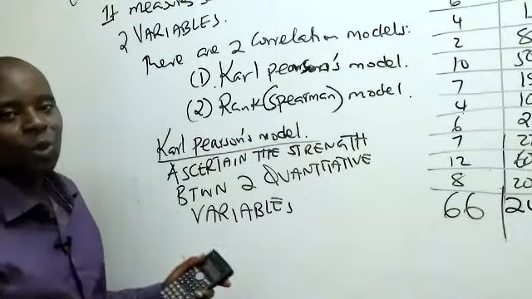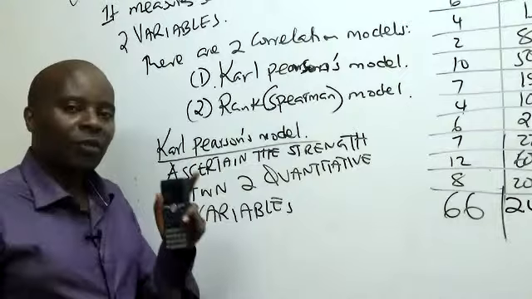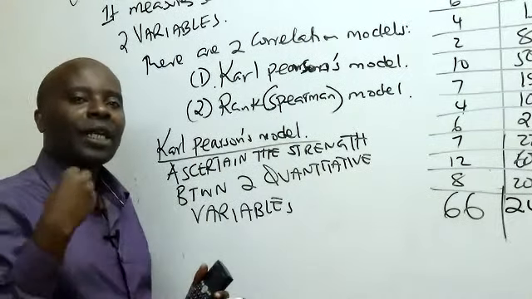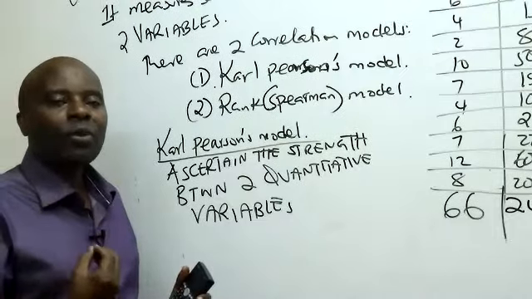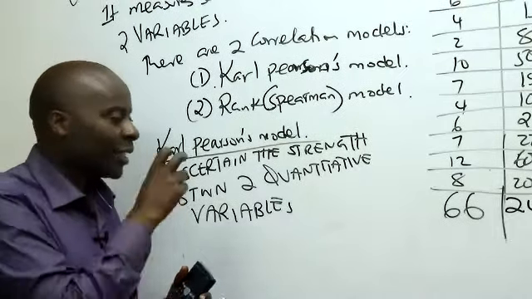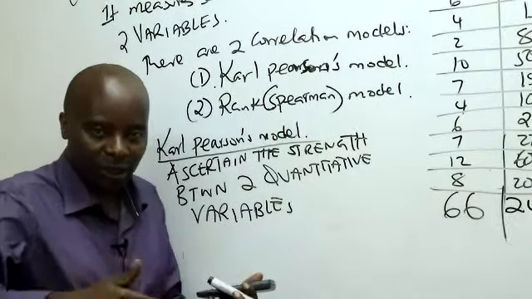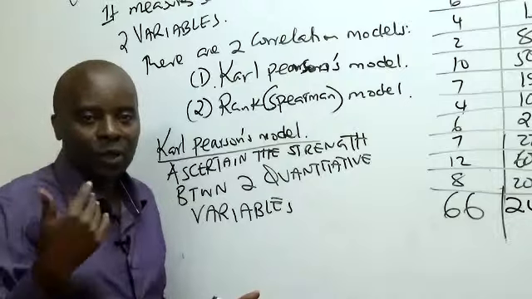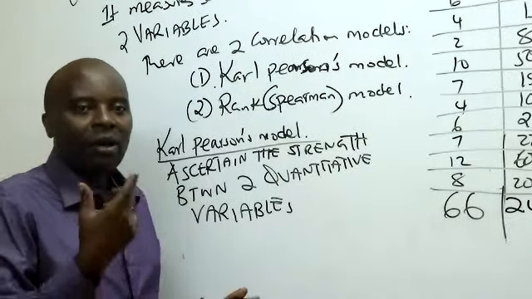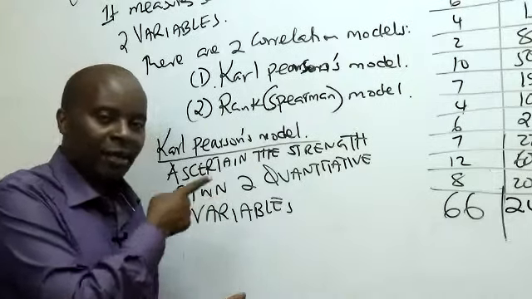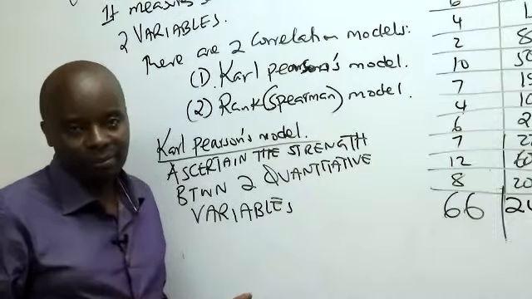Remember when you introduced this subject called quantitative analysis, you said that quantitative variables are those variables that can take up a numerical value. Those variables whose value you could ascertain by counting. Like if you want to know the number of students we have, we'll count. So number of students belongs to quantitative variables. You could either count them or measure them.